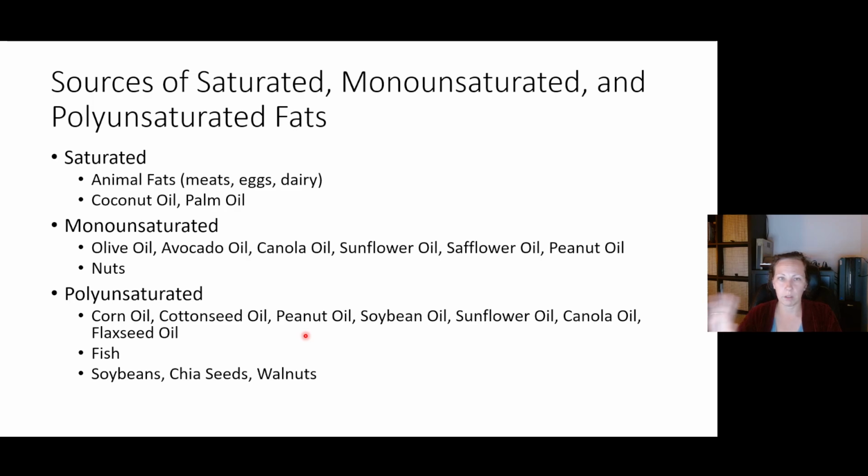This does depend a little bit on the species, and I'll go into that in a few slides. But the point is that you will find a mixture of different fatty acids and types of fatty acids in whatever source you're getting the fat from, okay?